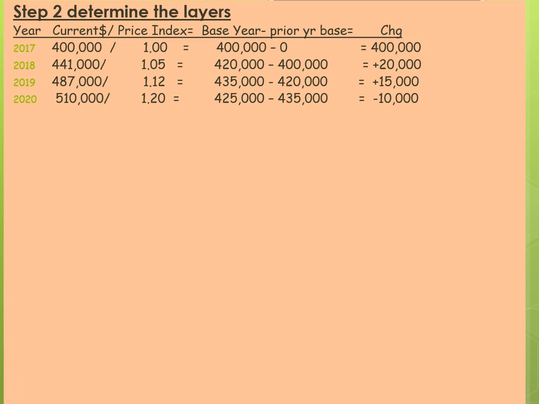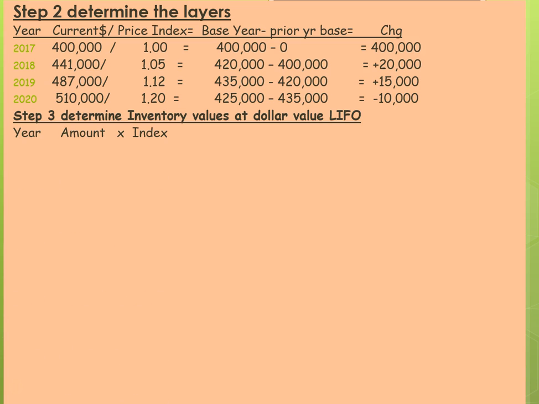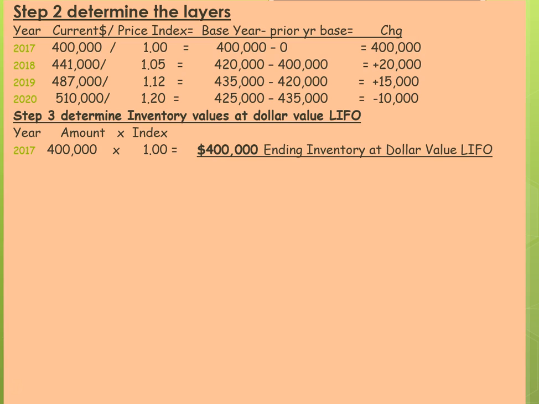So now what we're going to determine are inventory values using dollar value LIFO. So for our first year, we're going to take 2017. That is going to be our ending inventory of 400,000. Now we have to start using our indexes on our layers only.